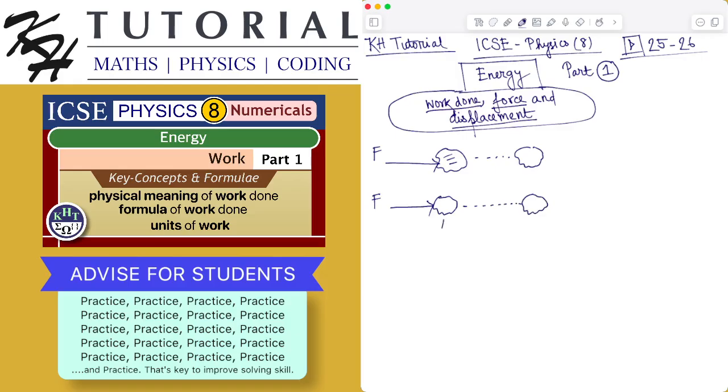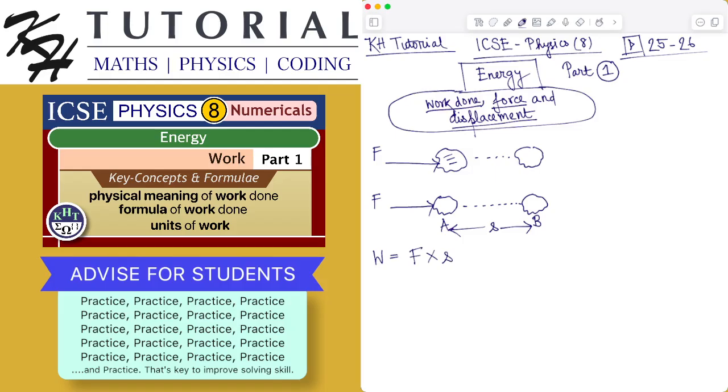Let's say initially the body was at position A, and after the force was applied, the body is at position B, and let's say this distance is S. So the work done, which is denoted by the capital letter W, is the product of the force and the displacement in the direction of the force. So it is F multiplied by small s.